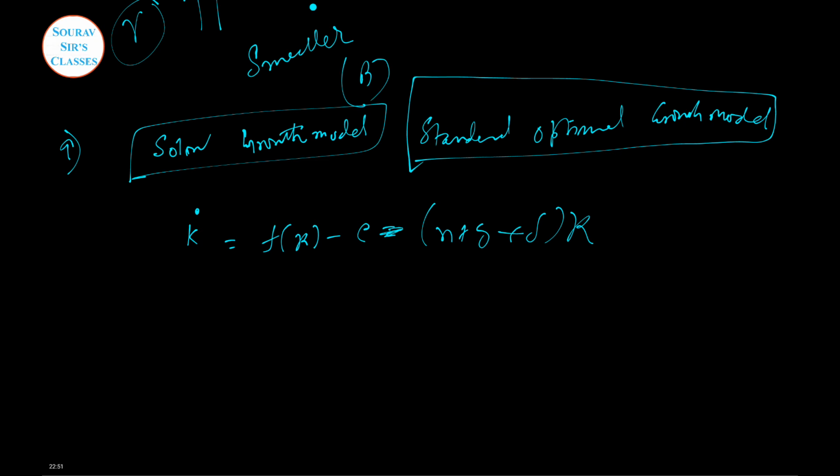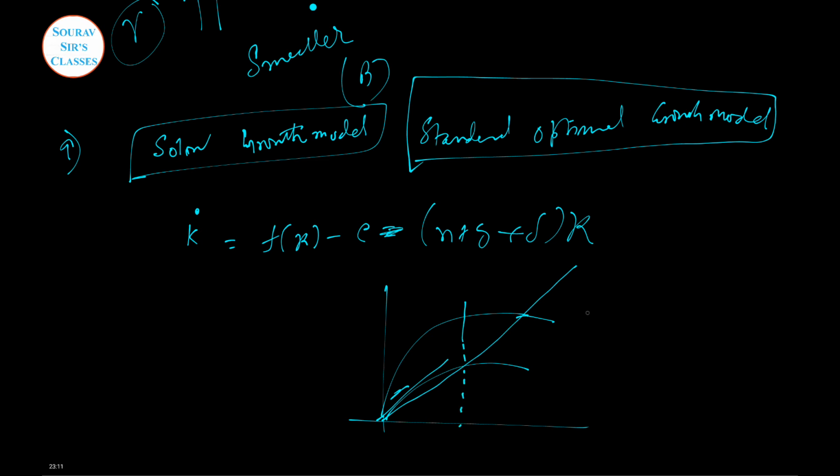In Solow's basic structure, which is the exogenous model, we represent it by a simple diagrammatic format, with the line (n plus g plus d) k and s times f of k.